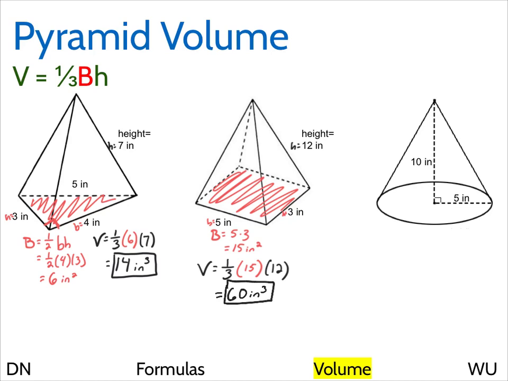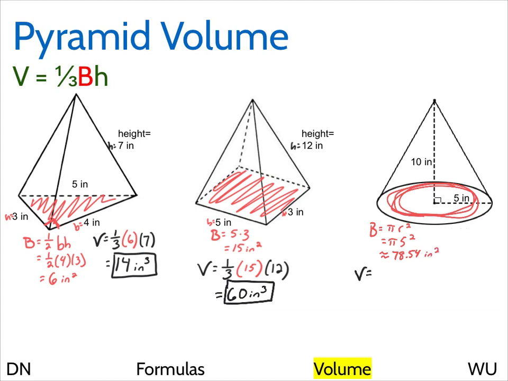Okay, moving over to the cone. It's not technically a pyramid because it doesn't have a polygon for a base, but we still find the volume the same way. So the area of the base is going to be pi times the radius squared, or in our case, pi times 5 squared, which is about 78.54 square inches.